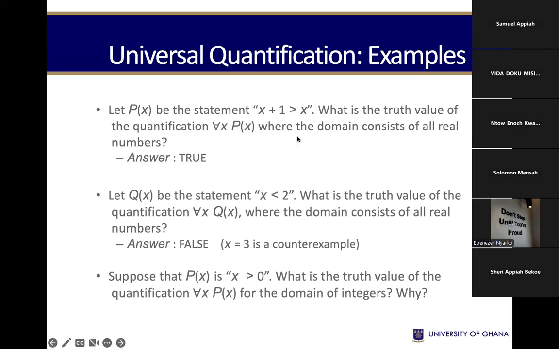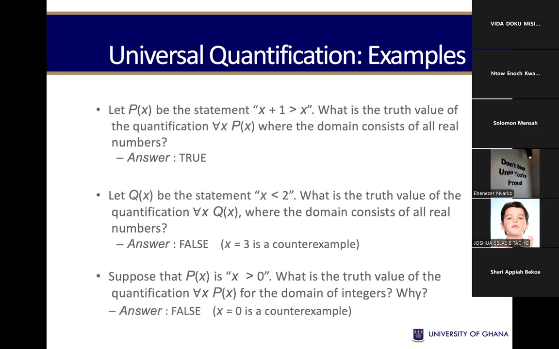My answer was that when the x values are negative integers, then it will be false. So is the whole question true or false? Because the question was the true value. It's false, because we can find a counter example. It's false because we can say that x equals 0 is a counter example. Are we good? That's the main key thing, right?